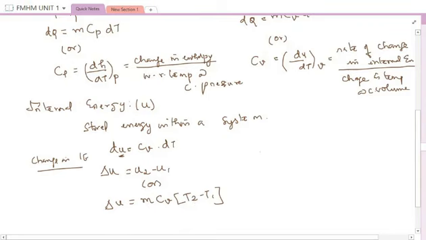Likewise, you can give the formula for enthalpy also, which is denoted by the symbol H. Already we discussed enthalpy: the summation of your internal energy and the product of pressure and volume, which is nothing but flow energy.